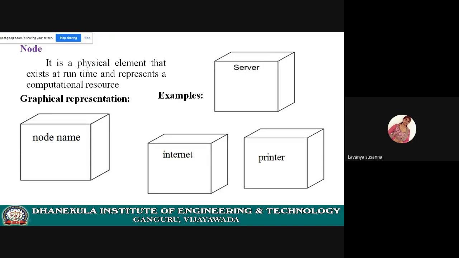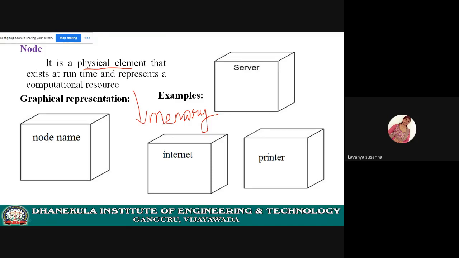Next, node. A node is also a physical element which has some memory and some processing power. Listen, a node is also a physical component which has some memory and some processing power.